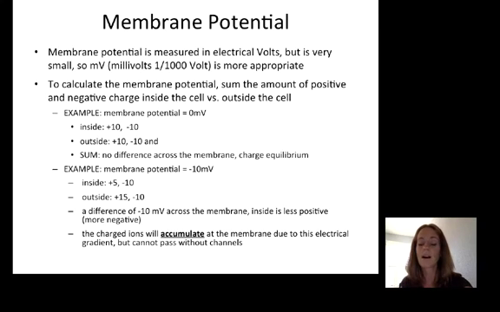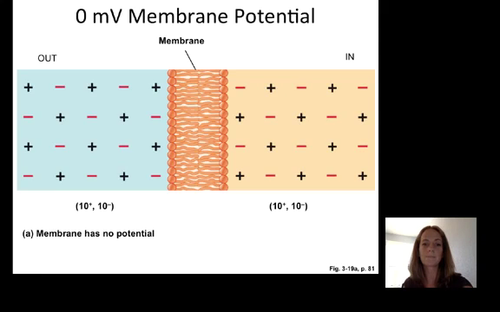They cannot cross the membrane without channels. So these charged ions will accumulate at the membrane and create a potential difference or a potential movement of electrical activity if some channels were able to open.